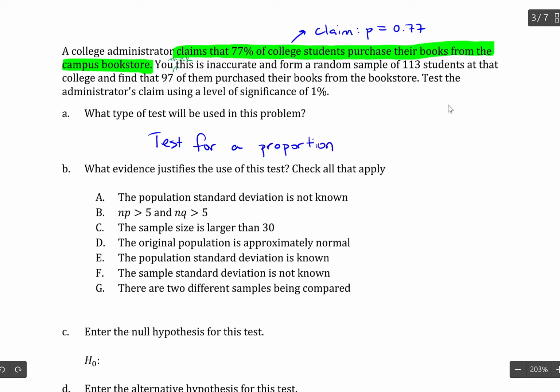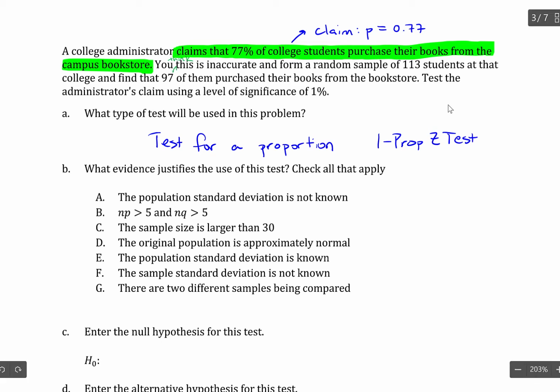Now, ultimately, this would depend upon using a binomial distribution. But because binomial distributions can be approximated by normal distributions under the right conditions, we're going to use the 1-prop z-test in the calculator, which is based off of normal distributions.